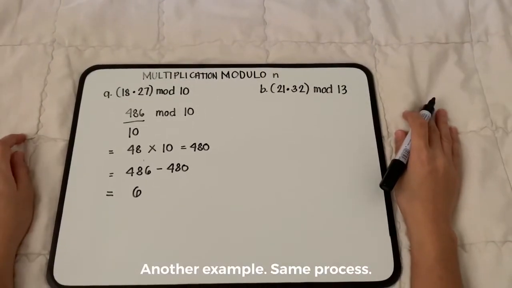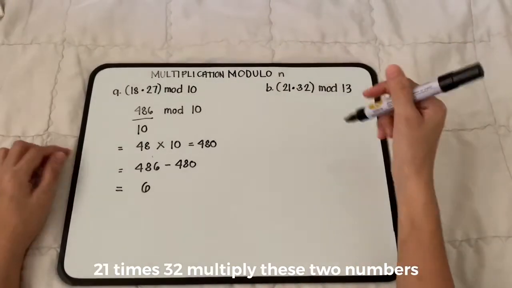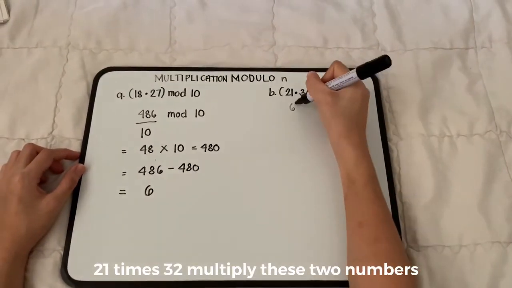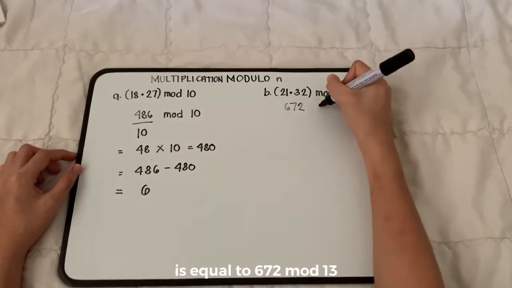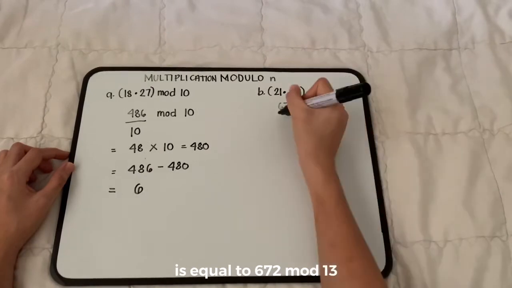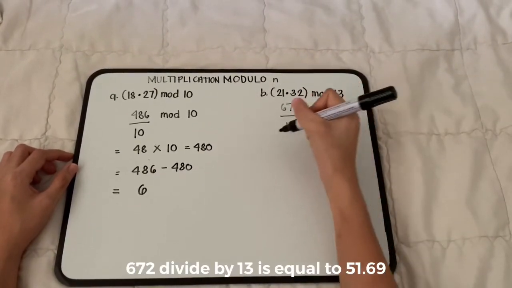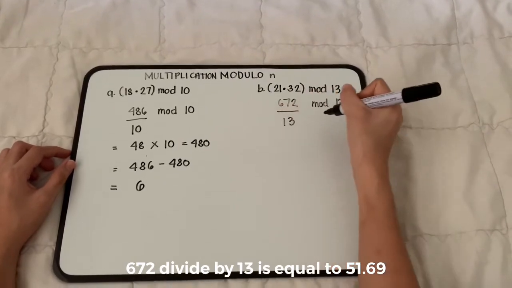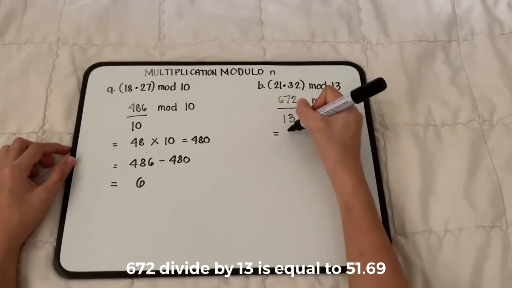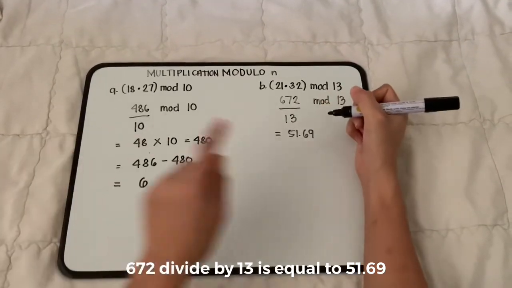Another example. Same process. 21 times 32, multiply these two numbers, is equal to 672 mod 13, and 672 divided by 13 is equal to 51.69.